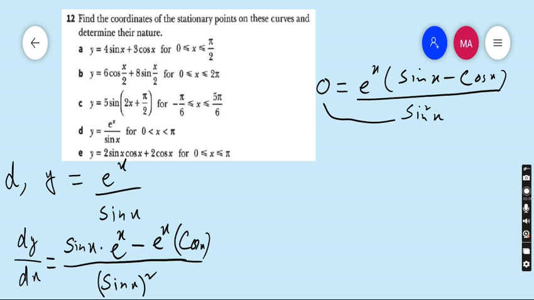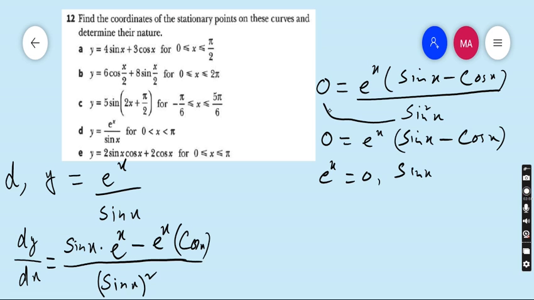This sin square x multiplied by 0 will be 0, so 0 equals e^x times sin x minus cos x. This is factorized, so e^x equals 0 and sin x minus cos x equals 0. e^x cannot equal 0, because if we take ln on both sides, ln 0 is undefined.